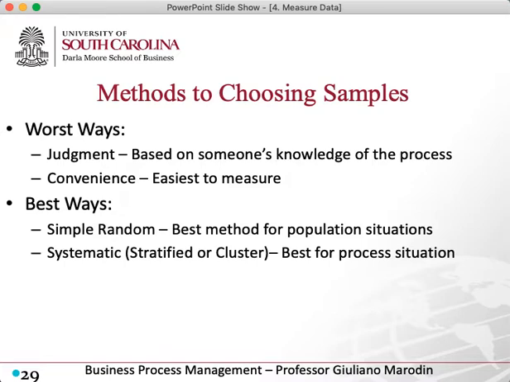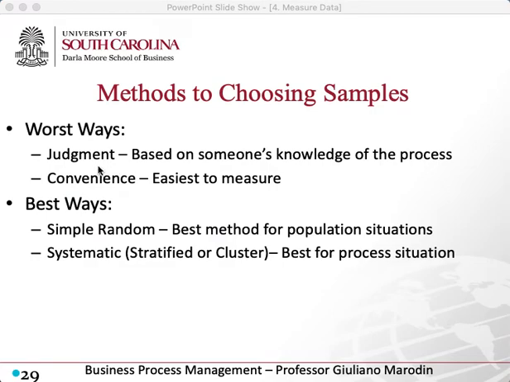What are the other ways? There are two very bad ways of doing it, and they're very tempting, like the devil offering the apple to Adam and Eve. They look really easy and like a good idea, but will give you very bad, maybe wrong, results. The first is judgment: someone in the process says, when do we need to collect data about this process?